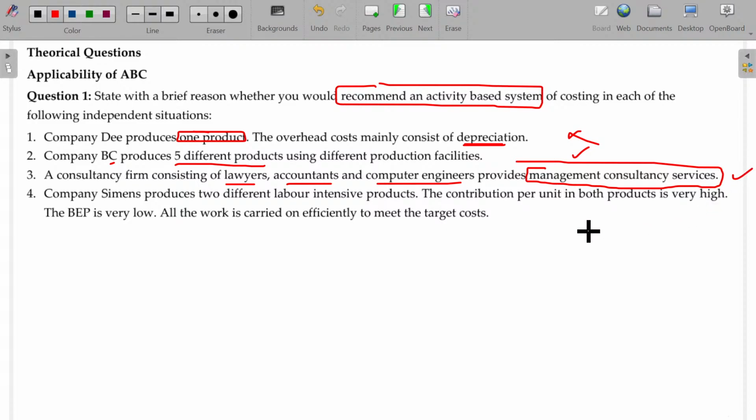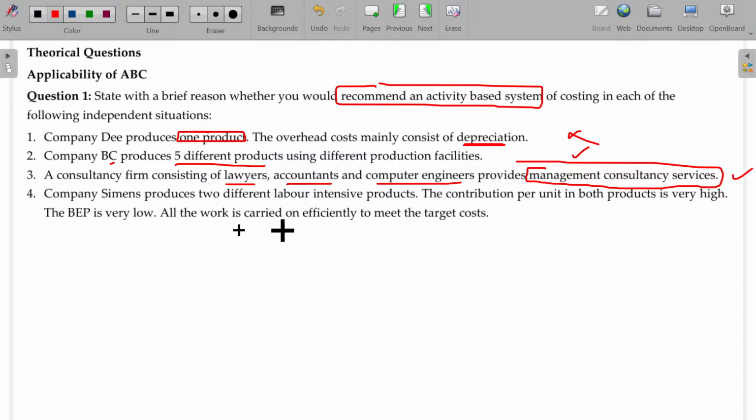We are giving the management consultancy services to XYZ Limited. The service involves legal support, accounting support, and engineering IT support. Some company may require more legal support. Some company may be in need of more IT support. We are not sure. The resource consumption is not even. So then definitely we need to use the ABC.